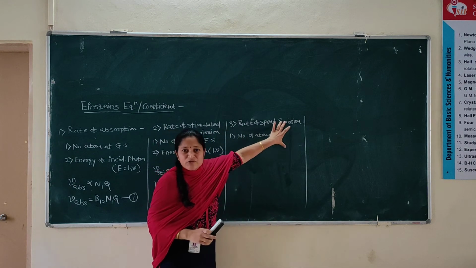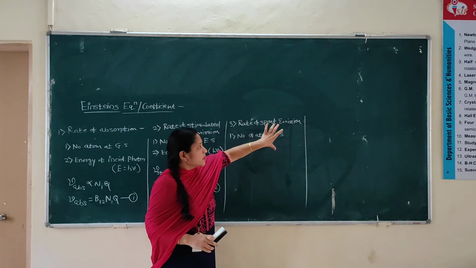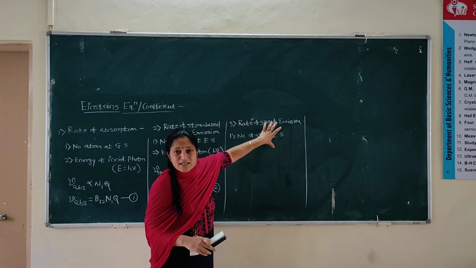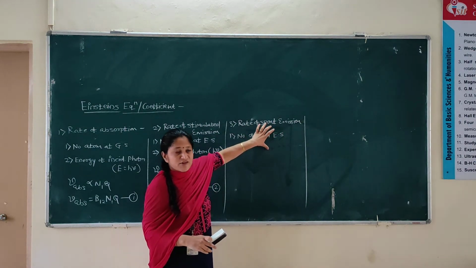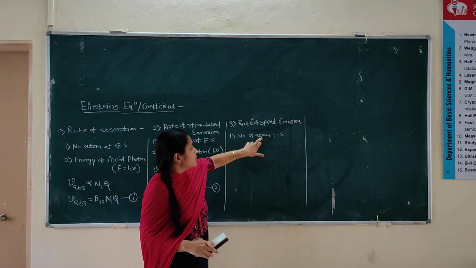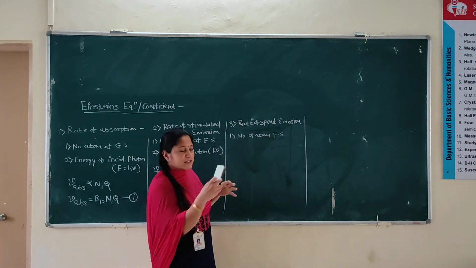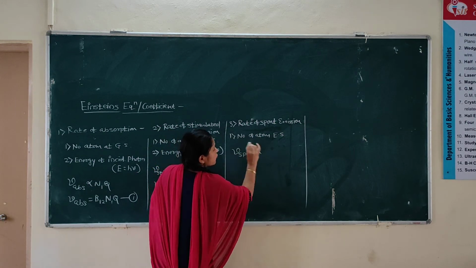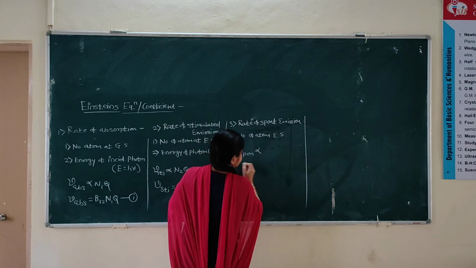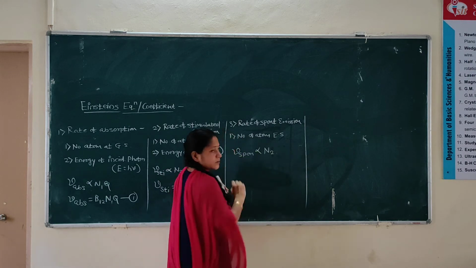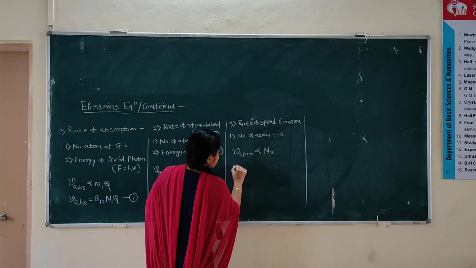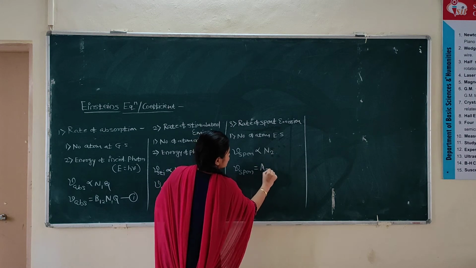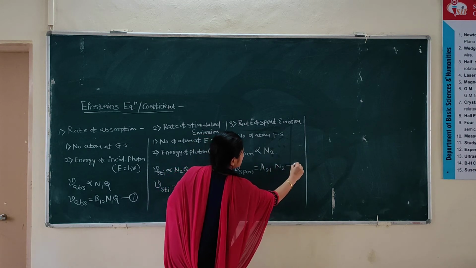Spontaneous emission is a natural process, so this emission does not require energy. Therefore the rate of spontaneous emission is independent of the energy and depends upon the number of atoms present in the excited state. Therefore gamma spontaneous is proportional to N2. Again, gamma spontaneous is equal to A21 into N2. This is equation number 3.